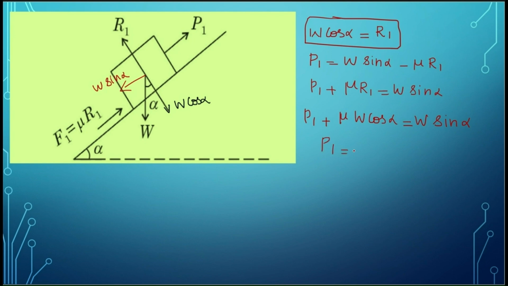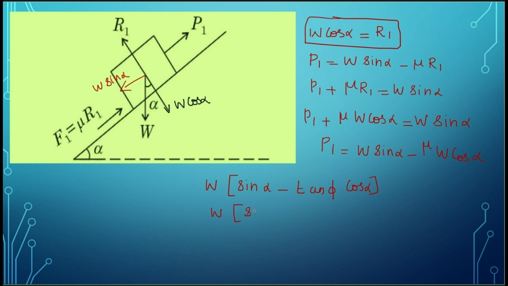Here P1 is equal to W sin alpha minus mu W cos alpha, and by taking W as common, sin alpha minus mu, that is tan phi, cos alpha.